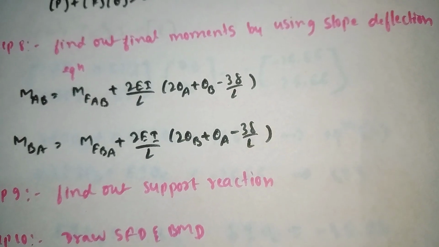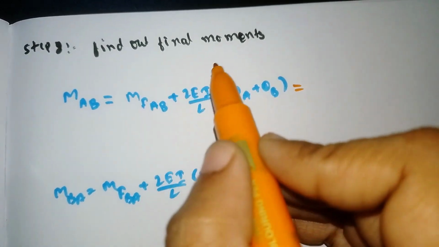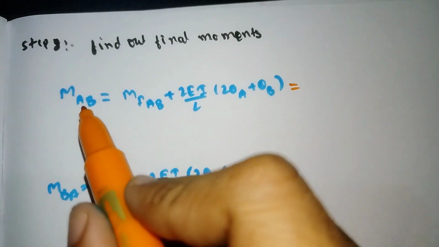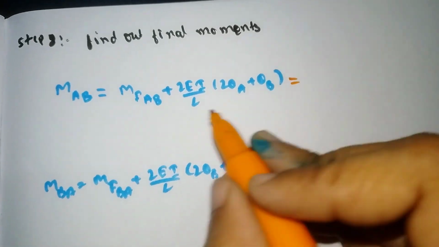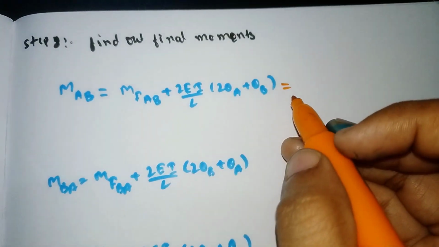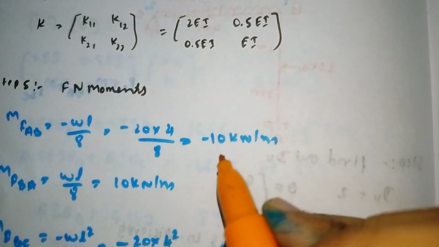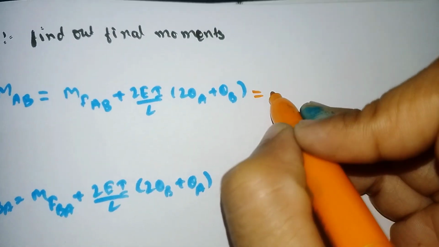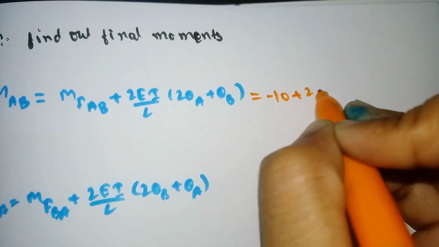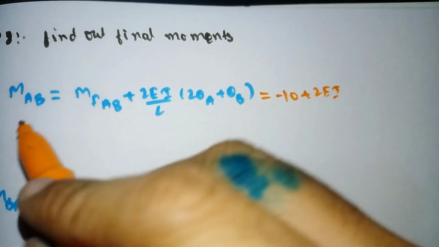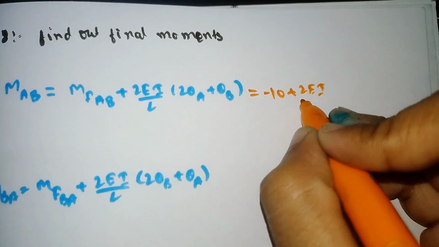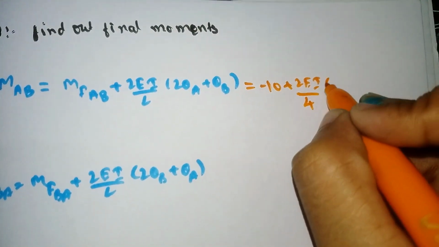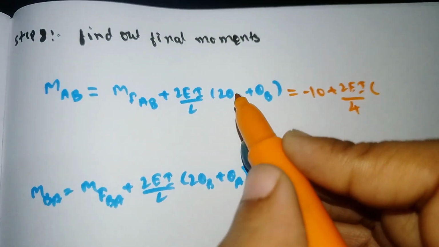Now we will see. Step number 8 is to find out the final moment. So I have written the formula here. MAB is equal to MFAB, fixed end moment of AB. Fixed end moment we got was minus 10. Put it here. Minus 10 plus 2EI divided by length of AB. Length of AB is 4 meter. And here theta A is the fixed end.